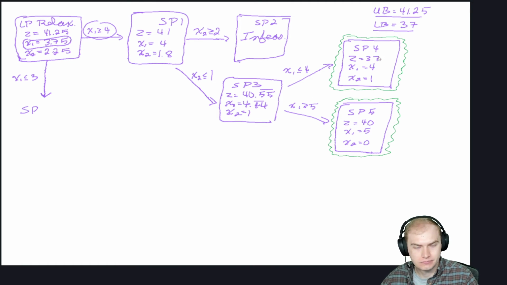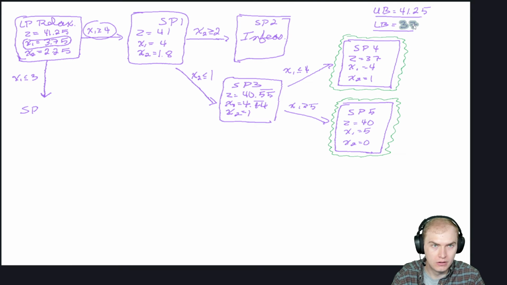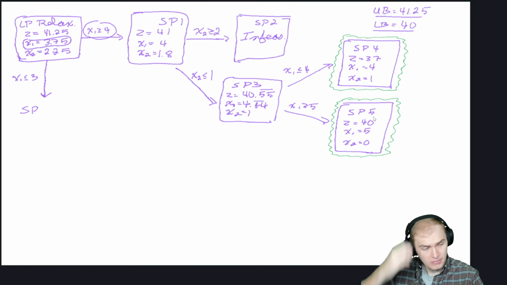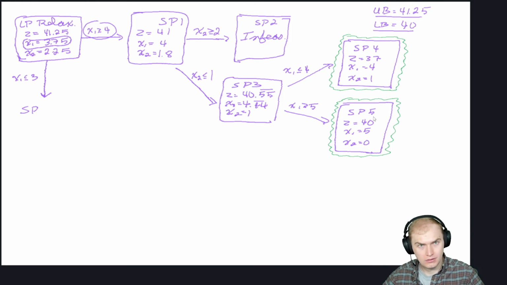So we're going to update our lower bound to 40 because we've found an integer solution that has a higher objective function value than the one we found earlier. So that's good.